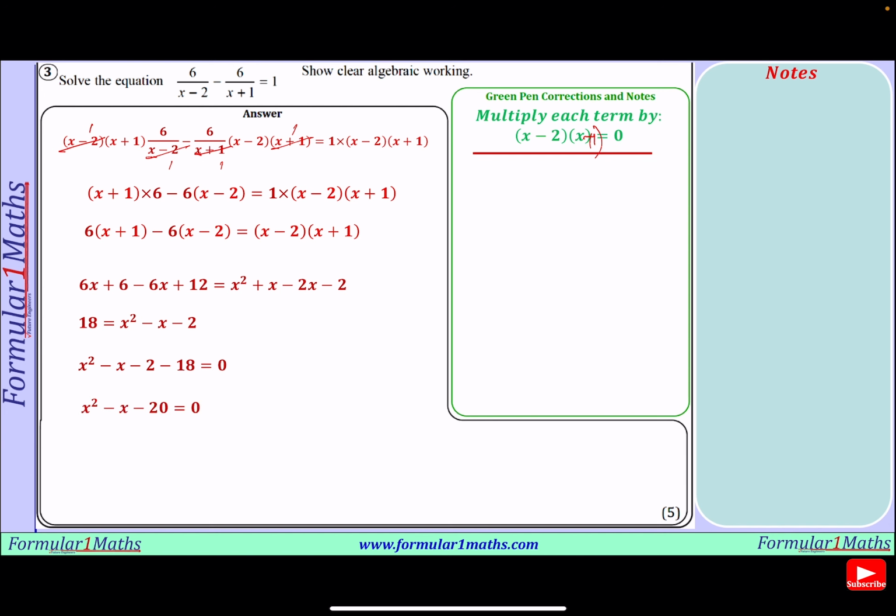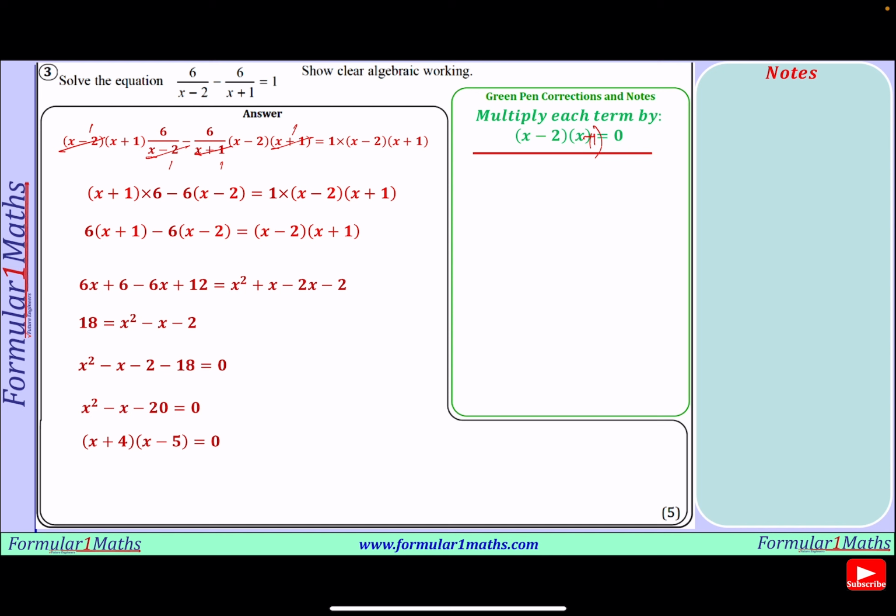Simplify to get x squared minus x minus 20 equals 0. Then I'm looking for two numbers which will multiply to give me minus 20 and add to give me minus 1. And I can see that's going to be minus 5 and plus 4.